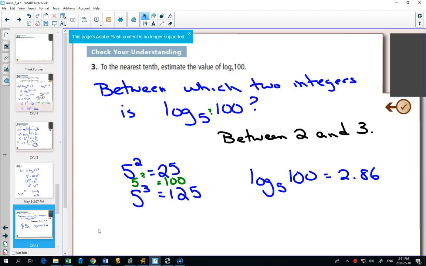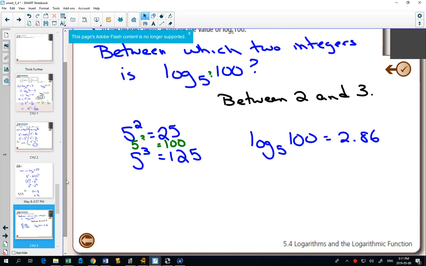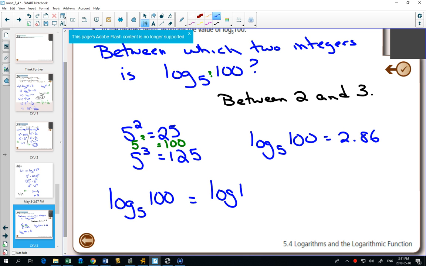If you don't have that, you have two options. I'm going to teach you later why this works, but for now, I'll just show you that log 5 of 100 happens to be the same as log of 100 divided by log of 5.